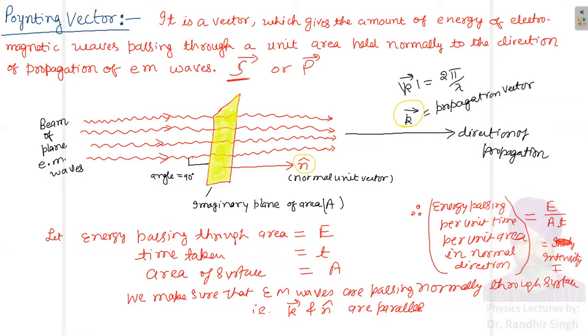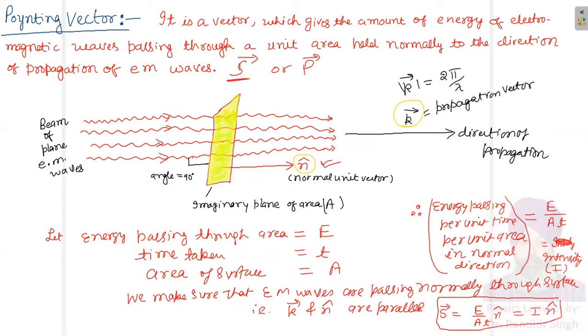So if the intensity is I, then as per the rule, S vector, that is the Poynting vector, must be equal to, as per definition, a vector which gives energy per unit area per unit time in a normal direction. So I can write it as E upon AT into n cap, where n cap is the unit vector along the direction of propagation, or you can simply write it as I into n cap. So this is the Poynting vector.